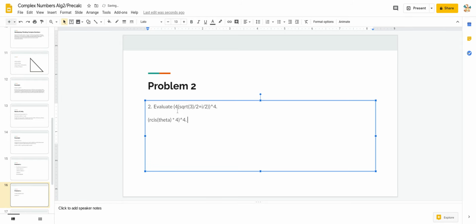So now you just do 4 to the power 4, which is easy, 256 times r to the power n cis. Do you guys understand this so far, like what I wrote?